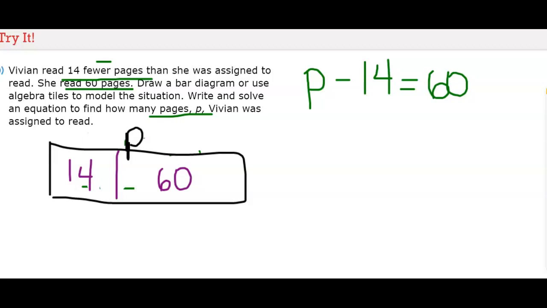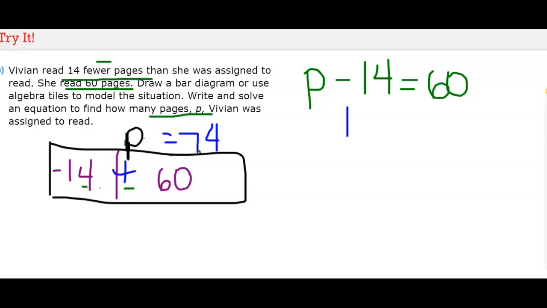If we take the 60 and the 14, because that's one total bar, we would have to add them together, and that would give us the total of P, and that total would be 74 pages that she was assigned.